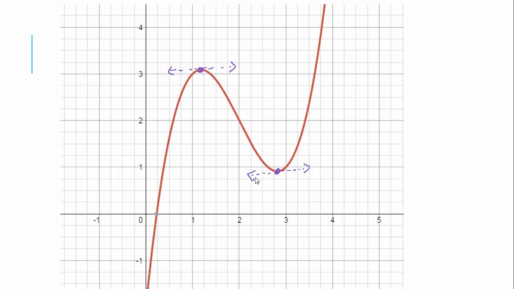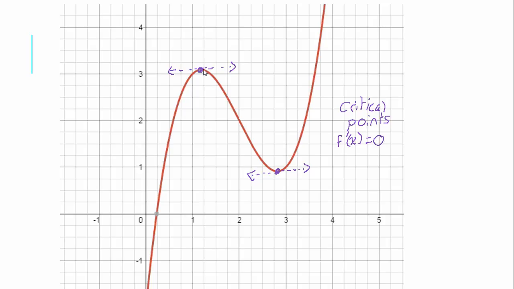Now you may notice that these are special parts of the graph. Here, it seems to be the maximum of this little area, and here seems to be the minimum of this little area. We call these two points critical points, and that is where the derivative is equal to 0.